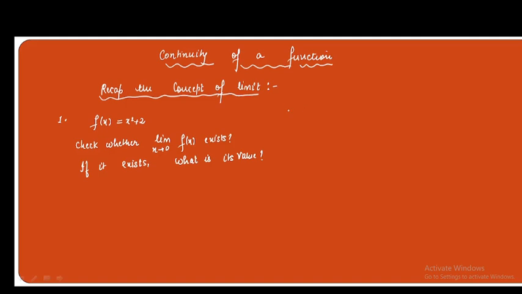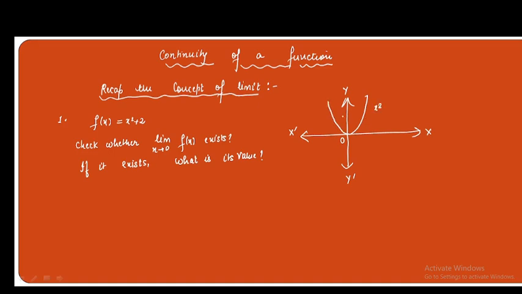So for this, what you have to do? You can draw the graph of x square, right? This is x, y, x dash, y dash, and this is origin, and x square is a parabolic curve.